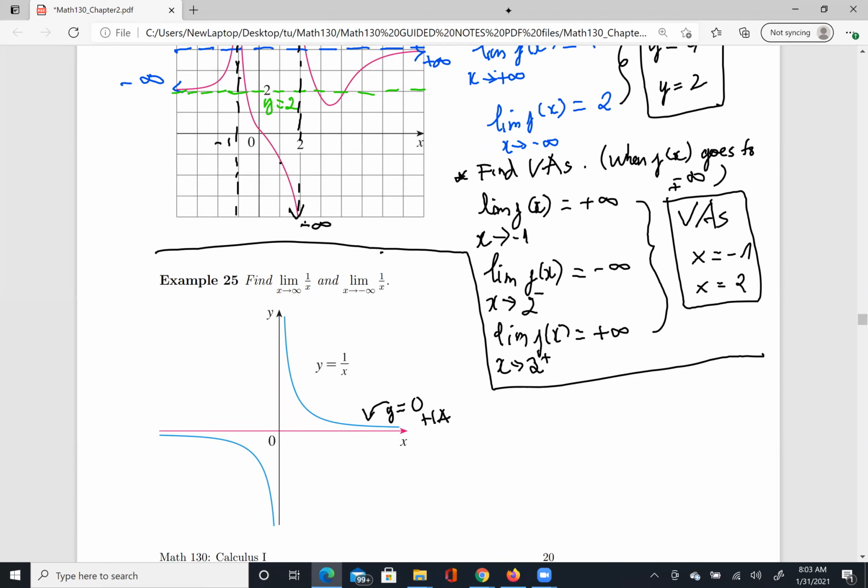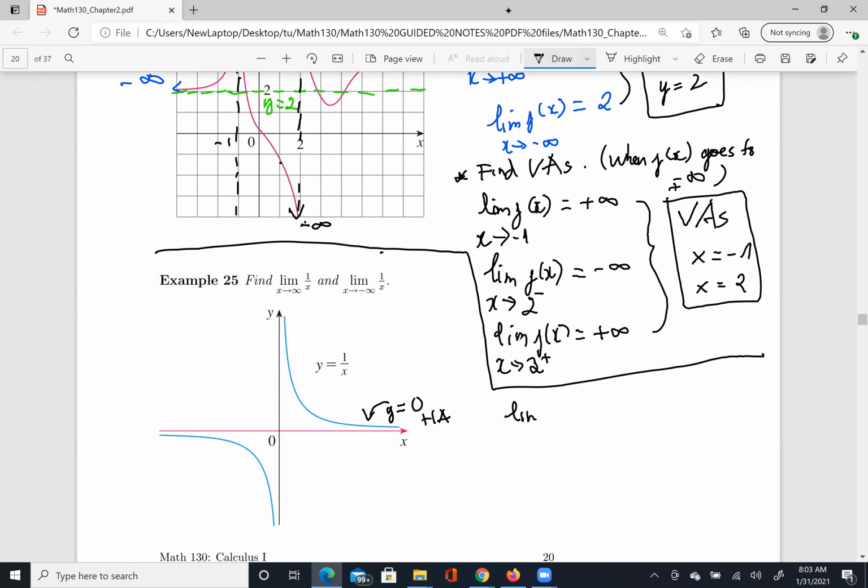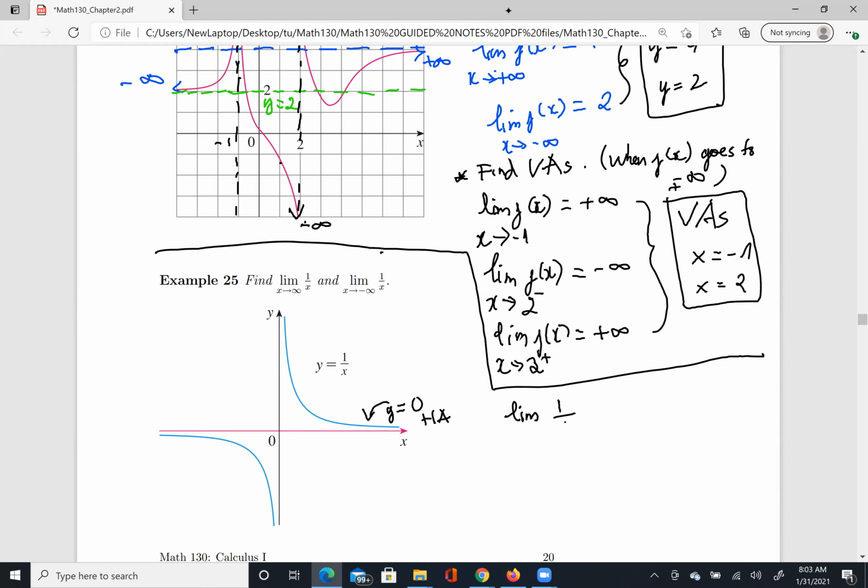So I'm gonna say the limit of 1 over x when x goes to positive infinity will be 0.